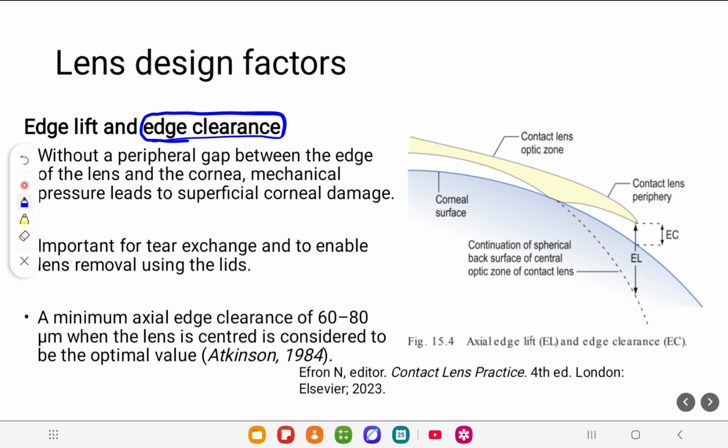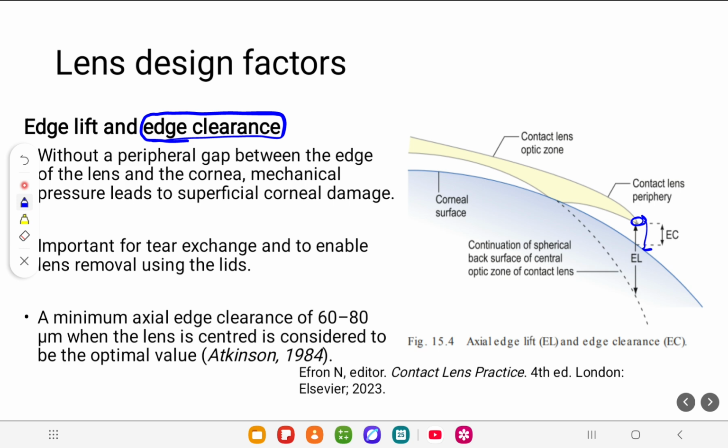Without the peripheral gap between the edge of the lens and the cornea, mechanical pressure leads to superior corneal damage. We don't want the edge going into the conjunctiva and sticking to it. Do we? Definitely not. If that happens, then there is no tear exchange, or there is indentation, or there is a force. Sometimes, if it is too hard, like in heavy scleral lenses, the conjunctiva can be split there, especially with pinching of the lens edge.